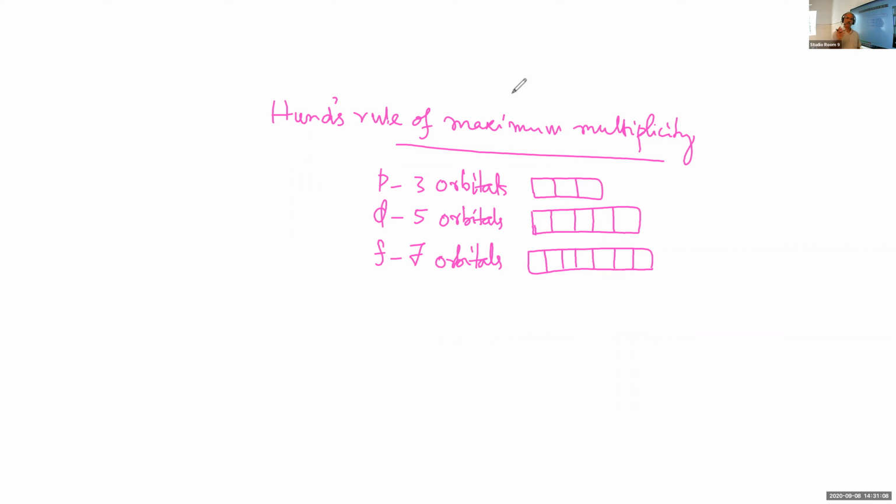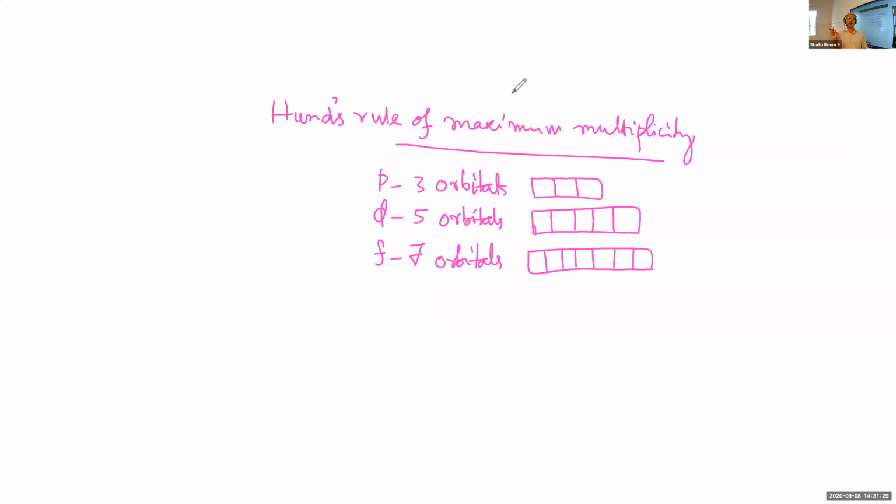I repeat, if there are two electrons in an orbital, that is the maximum capacity, the principal quantum number, the azimuthal quantum number, and the magnetic quantum number, these three values are the same for the two electrons.